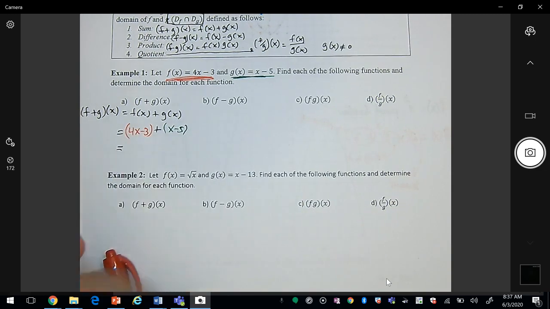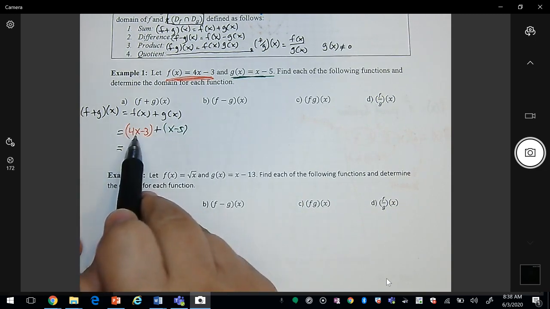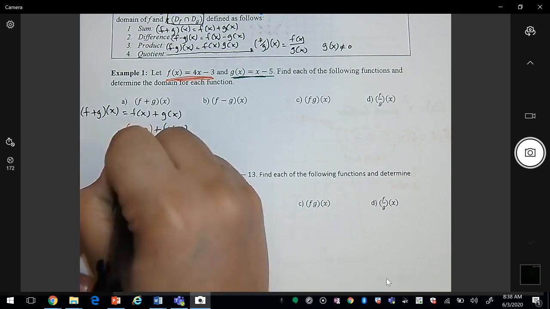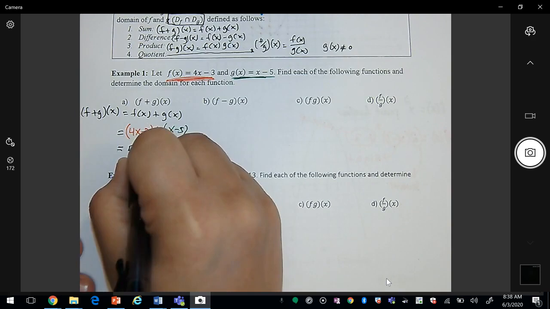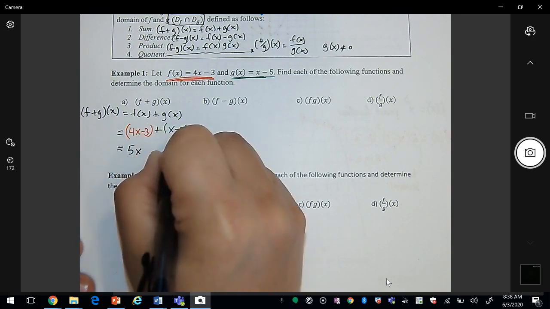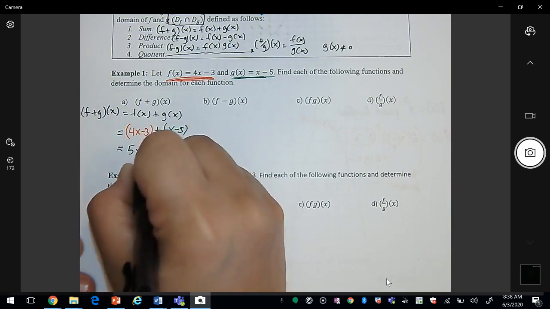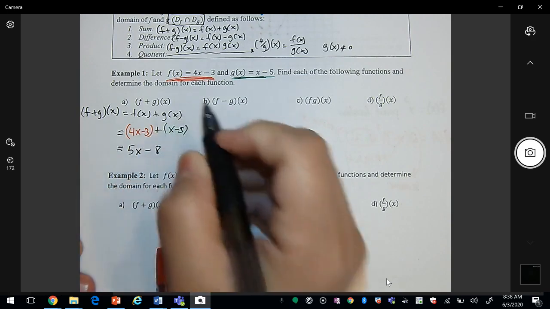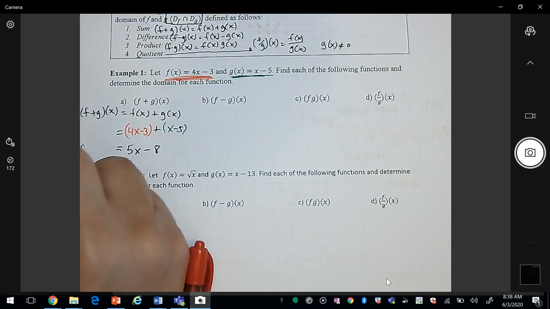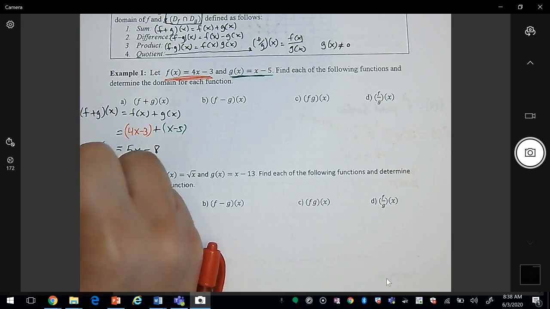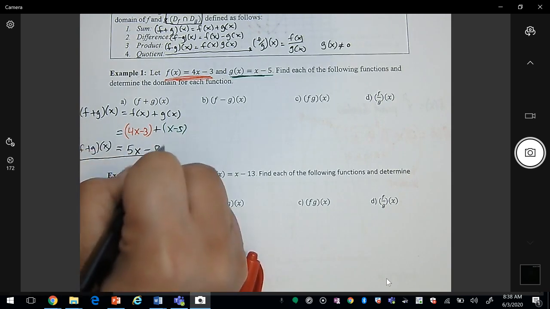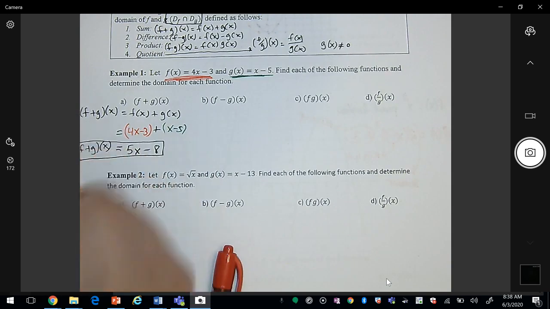Then we can simplify. 4x plus x would give me 5x, and minus 3 plus negative 5 would give me a minus 8. So the sum of these two functions is equal to 5x minus 8.